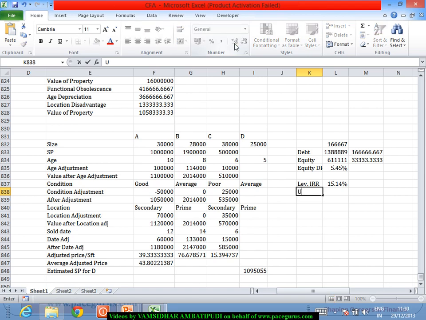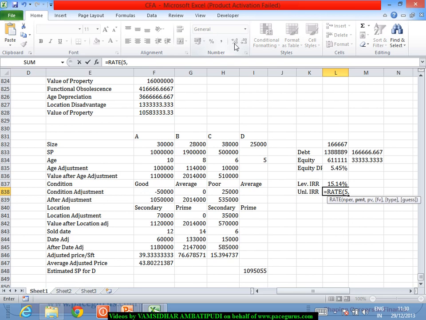But if I have to say unleveraged IRR, meaning had he not gone for the loan, he would have invested the entire 2 million on his own. So we'll try to find out the rate here. For 5 years he is holding the investment.